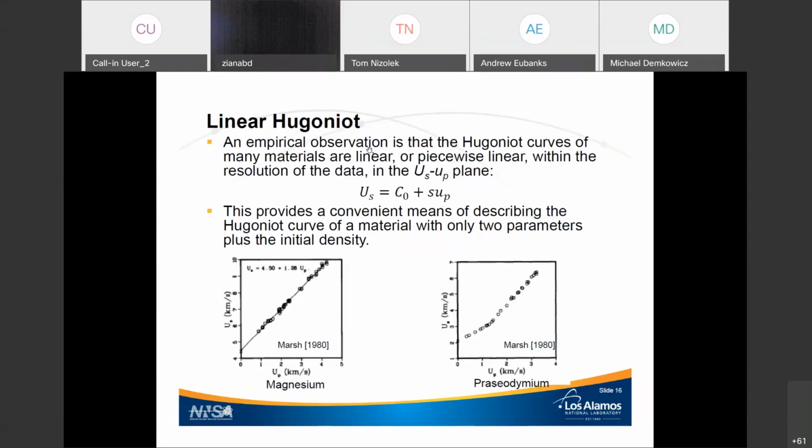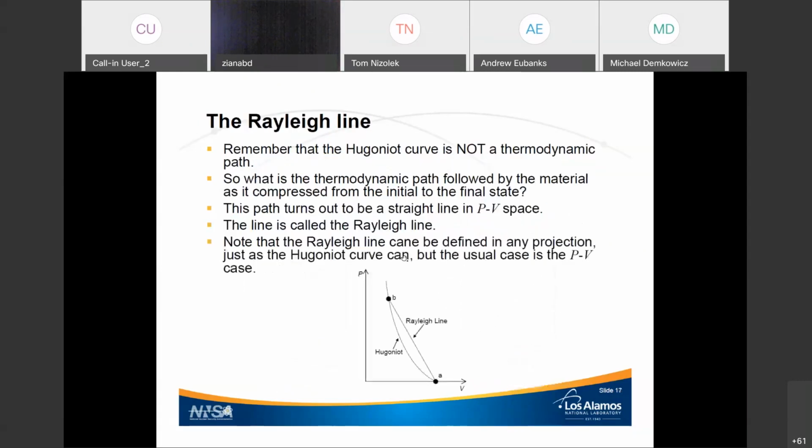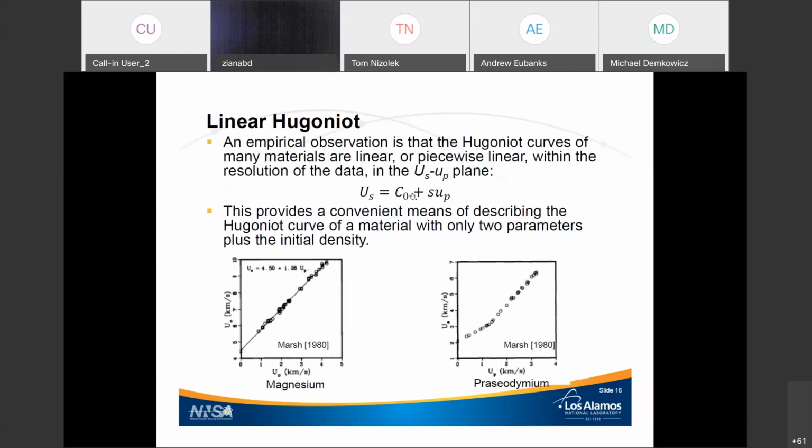Because of this, it's very convenient to describe the Hugoniot of a material with only these two parameters, the intercept and the slope, plus the initial density. The intercept is usually written as either C or C naught, and the slope is almost always written as S. I will be using C naught in this lecture because that's what I got used to growing up in this field, if you will.